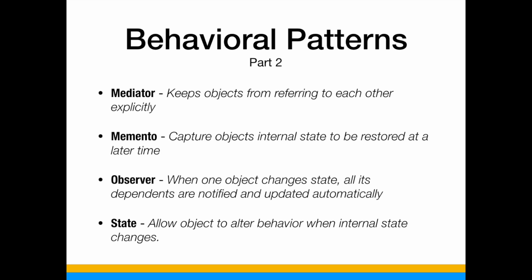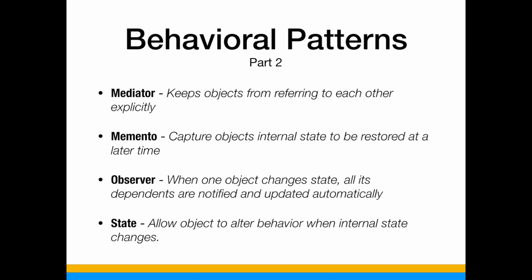Then we also have the mediator, which is a way to avoid, in some cases, circular references, and that's something that compilers have a hard time with when you are including the source file for one file, and that file has a reference to another file that has a reference to the first file.